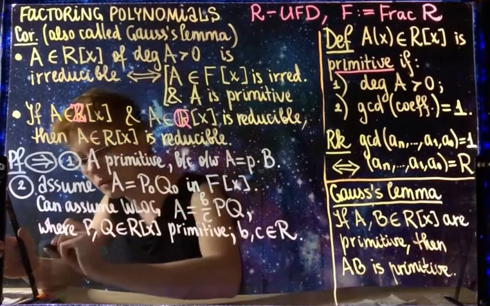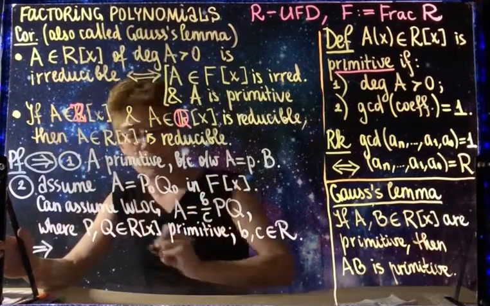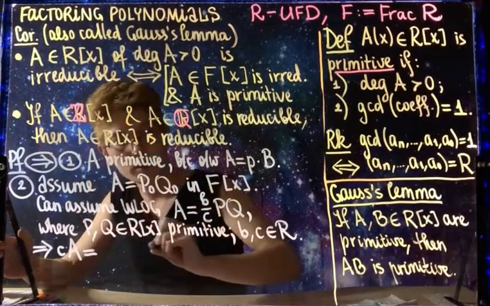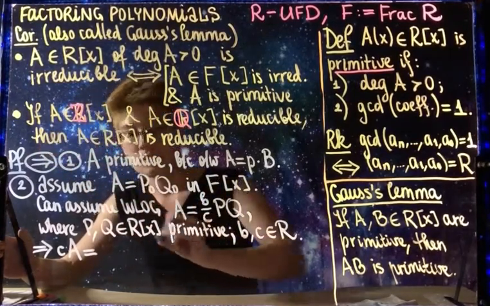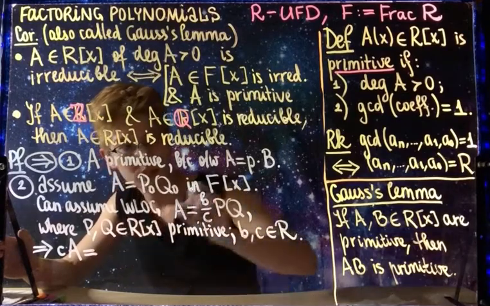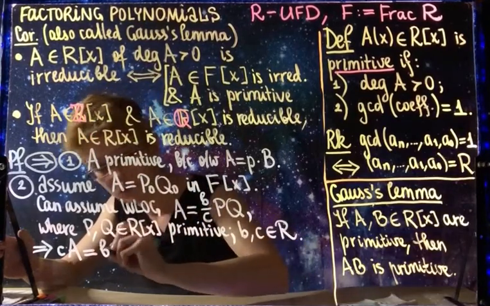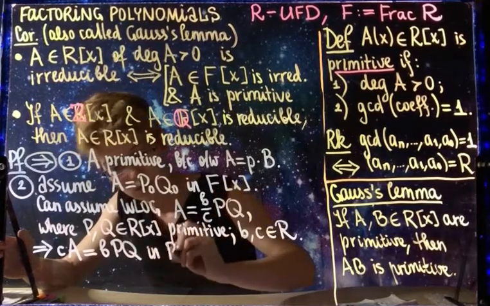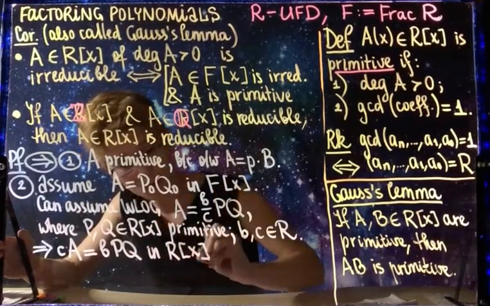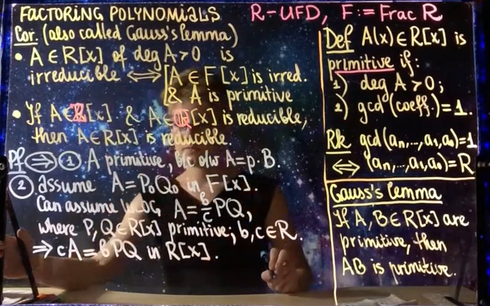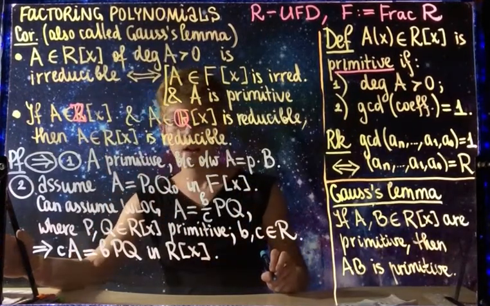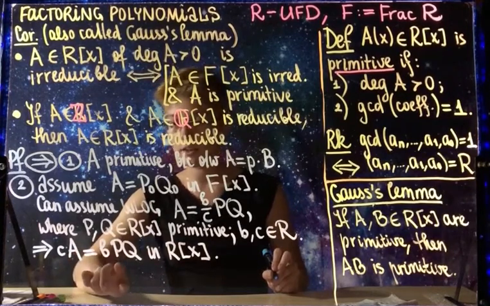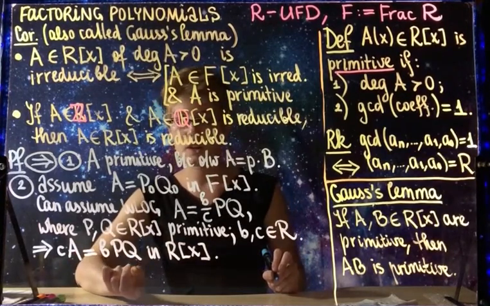Then we get an equality of polynomials with coefficients in R, C times A equals B times PQ, and this is an equality over R. And we know that A and P and Q are primitive.